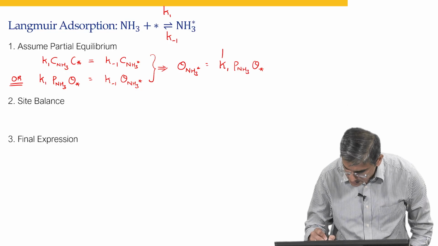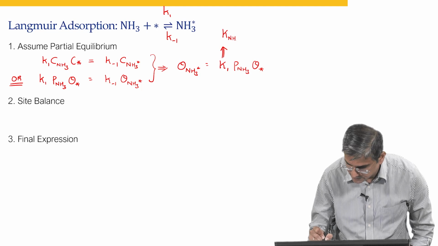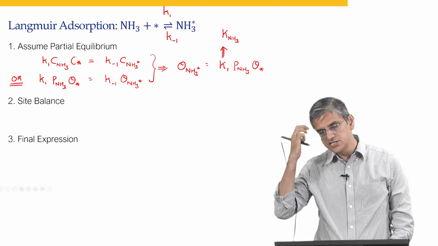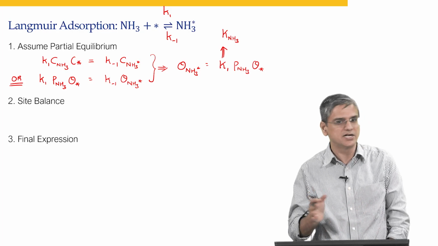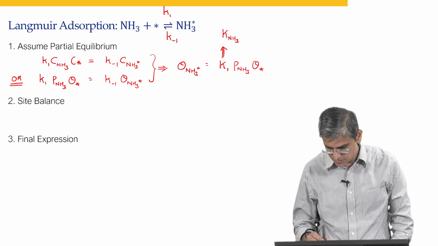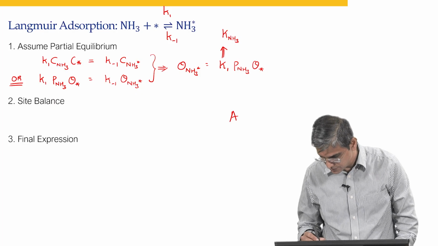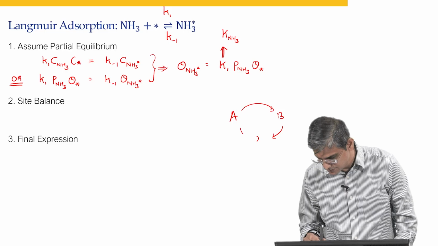If it is an adsorption step, we will write this as K NH3. If it is a desorption step, it is K dash NH3, which is nothing but 1 divided by K NH3. You remember? We have done this, right?